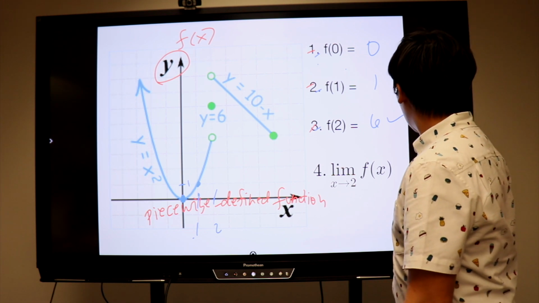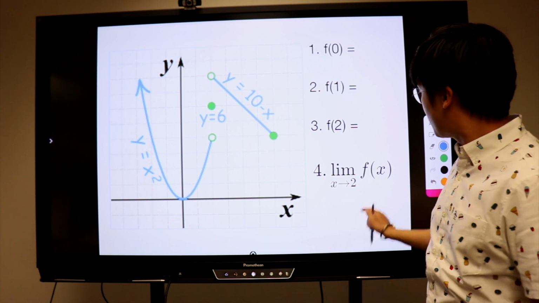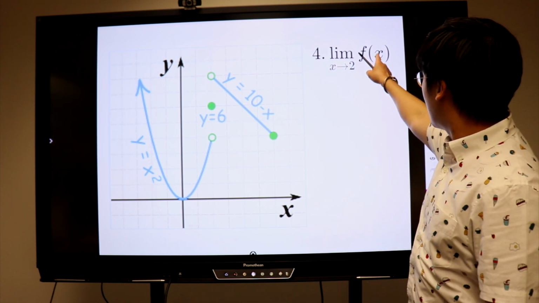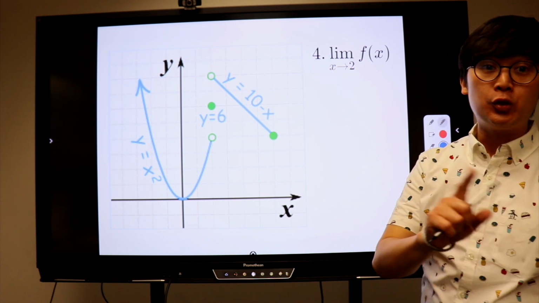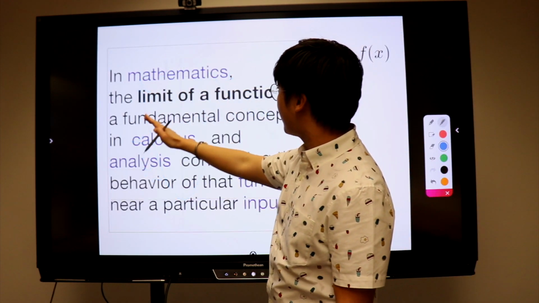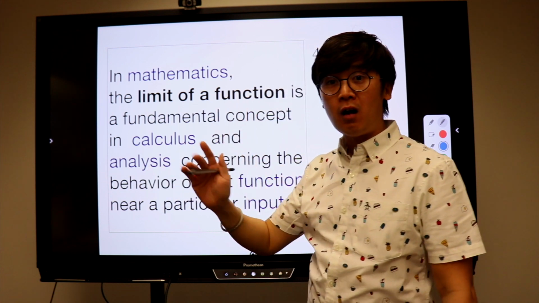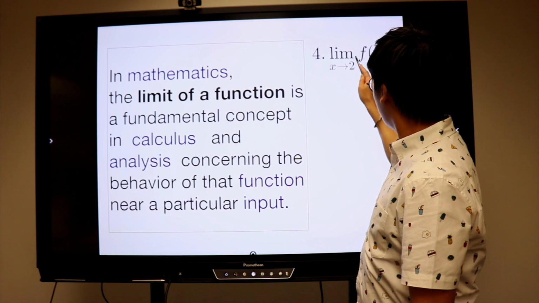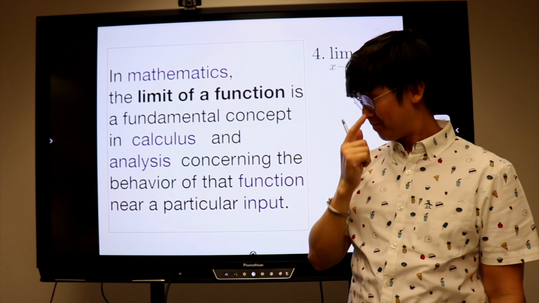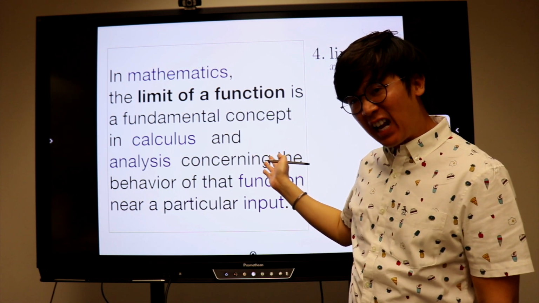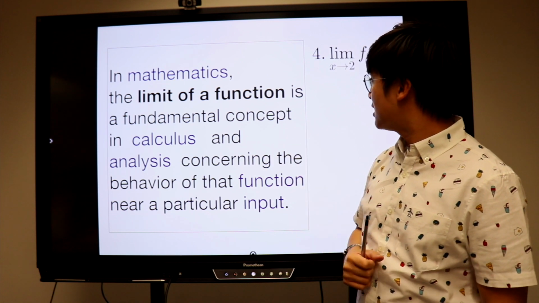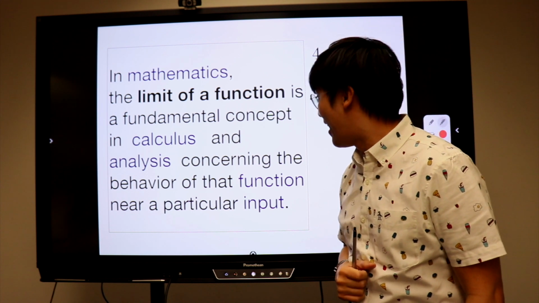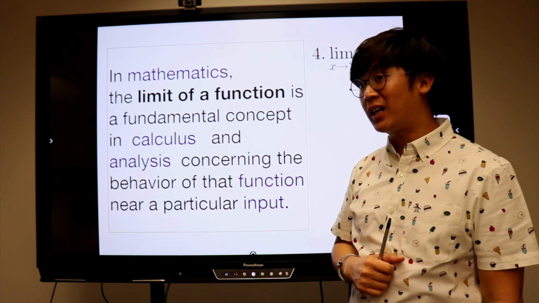To give you a little clue, according to a textbook, the limit of f of x as x approaches 2 is basically finding the behavior on a graph of f of x for this particular value of x. And if you want to be more technical, in mathematics, the limit of a function is a fundamental concept in calculus and analysis concerning the behavior of that function near a particular input.